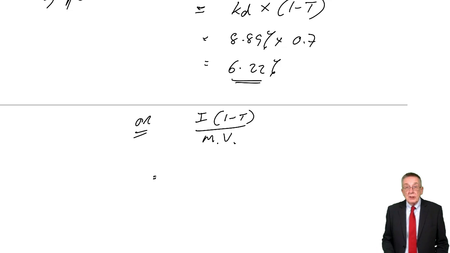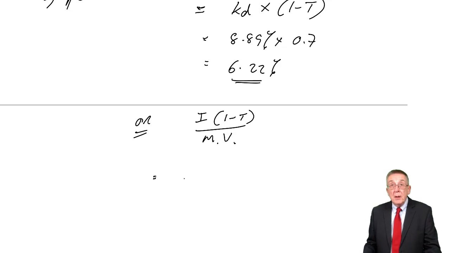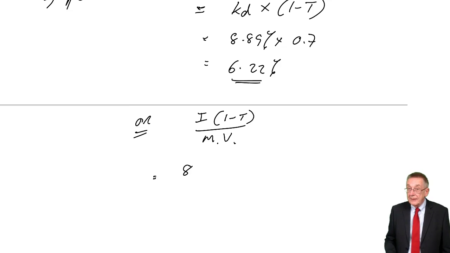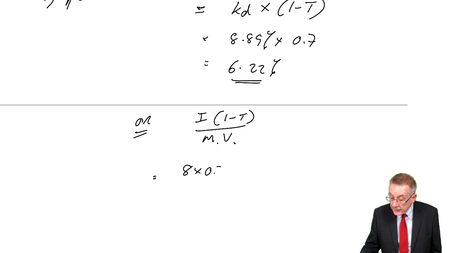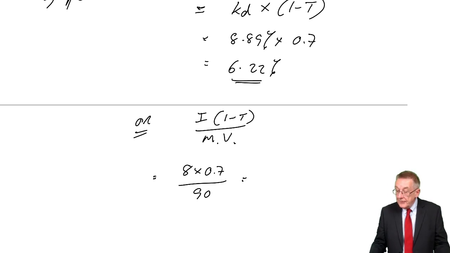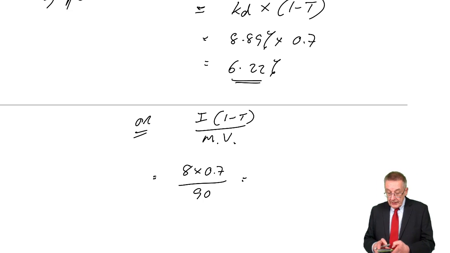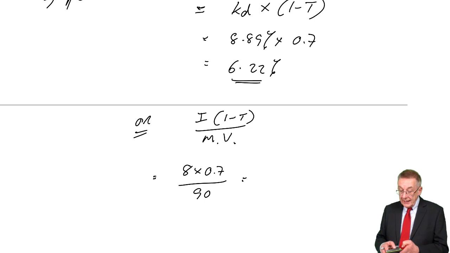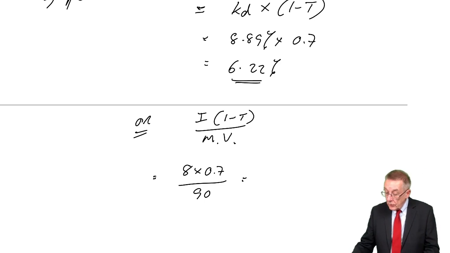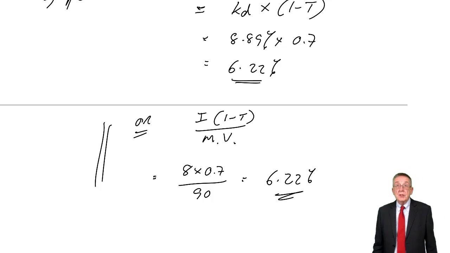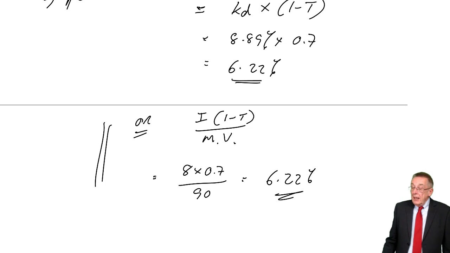So on $100 nominal, the interest, the coupon rate's 8%, so $8 a year. The company saves tax on that at 30%, the net cost is 70%. On a market value of 90, which is a net cost of 5.6 a year on 90, is of course exactly the same, 6.22%. So normally we take that approach, go straight to it. There's no point in working out the return to investors unless you're specifically asked to calculate it.